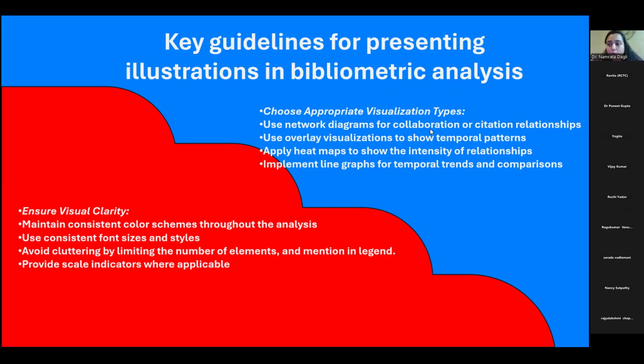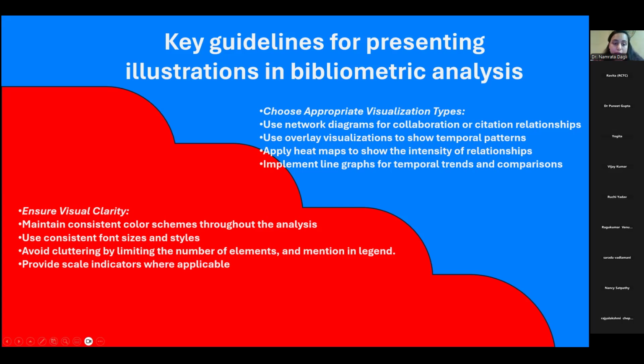While I'm telling you all these guidelines, I created them keeping in mind the two main software, VOSViewer and BiblioShiny, that I more commonly use. But if you are using some other kind of software like CiteSpace or something else, these guidelines might apply, or you need to adapt according to your software.